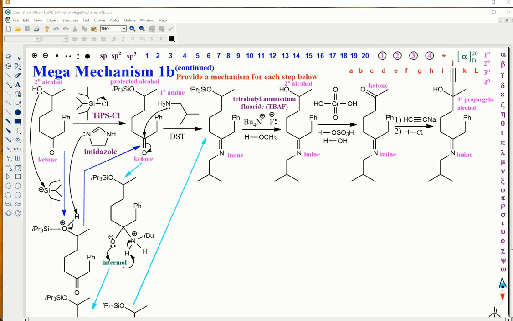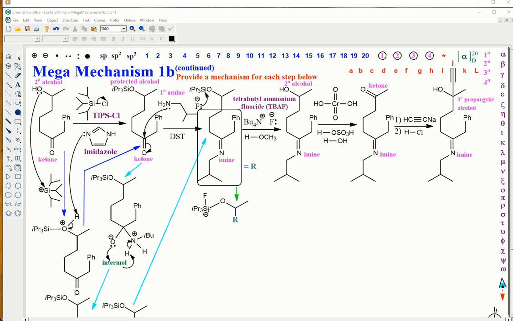Next step, we're going to deprotect our triisopropylsilyl ether protected alcohol using tetrabutylammonium fluoride, which contains the very reactive nucleophile fluoride. One of the strongest bonds possible on the periodic table is a covalent bond between fluorine and silicon. That is the driving force of this reaction. We generate a pentavalent silicon.